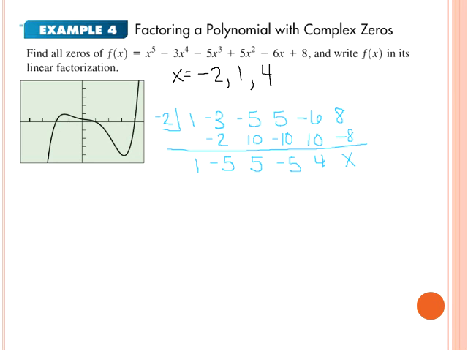Now, instead of a 0, I'm going to put an X there because that means no remainder. So -2 worked out. The next thing I want to test is my +1. So I'm just going to use that resulting answer there and do synthetic division again with it. So below the line, we multiply. Above, we add.